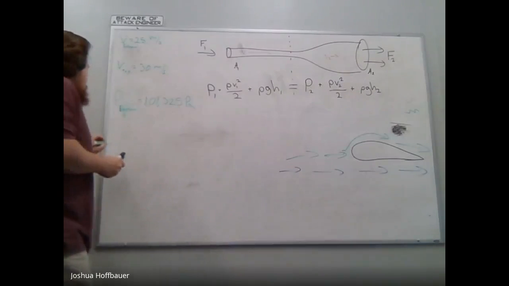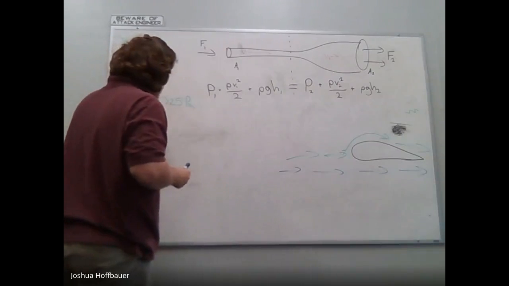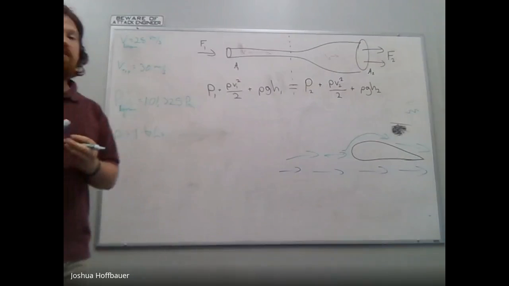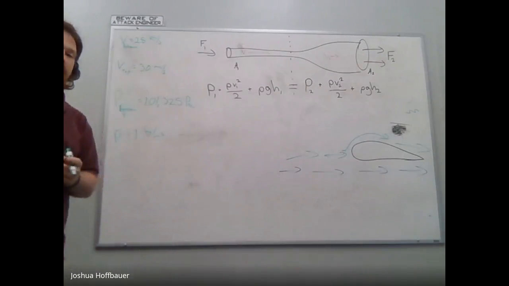We're also told that the air's density is 1 kilogram per meter cubed. So this is just the general density of air at sea level. This constant will also be made available to you if you need it.